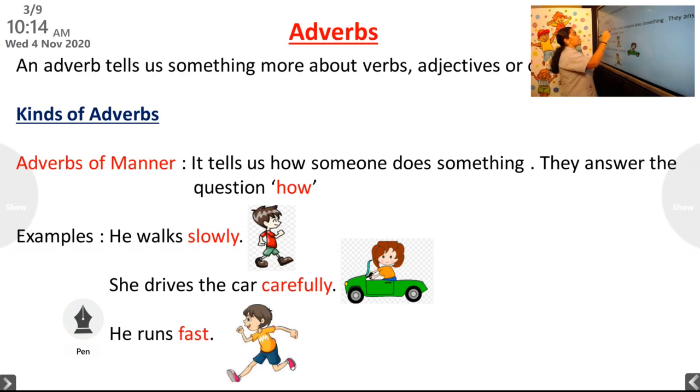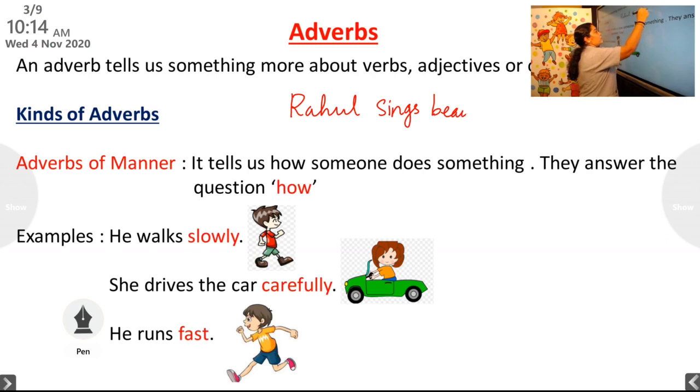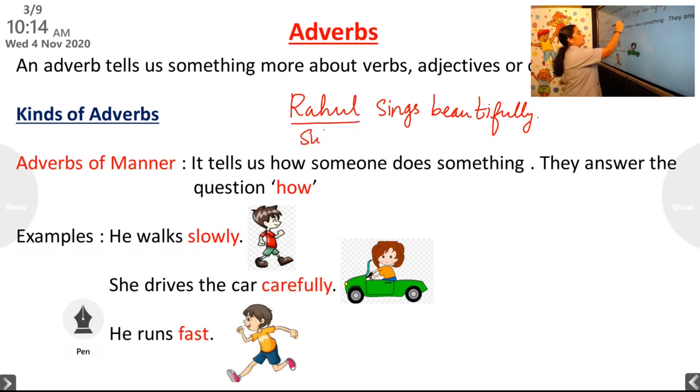I'll give an example. Rahul sings beautifully. Here Rahul is the subject, isn't it? Or the noun. Rahul is the noun. Sings is the verb.